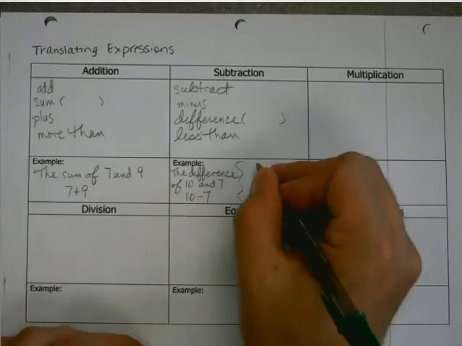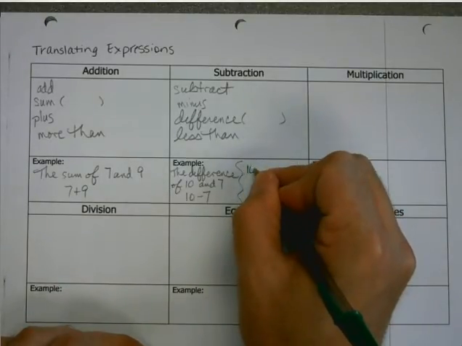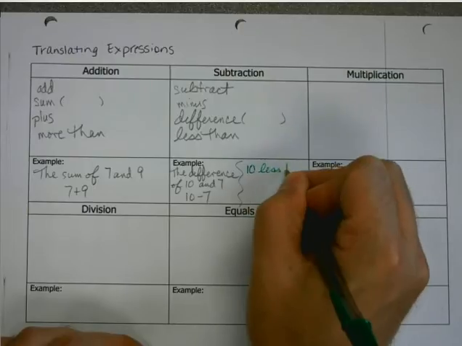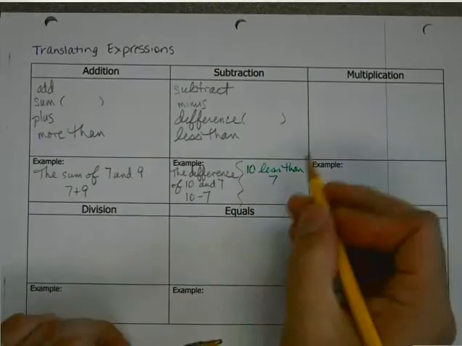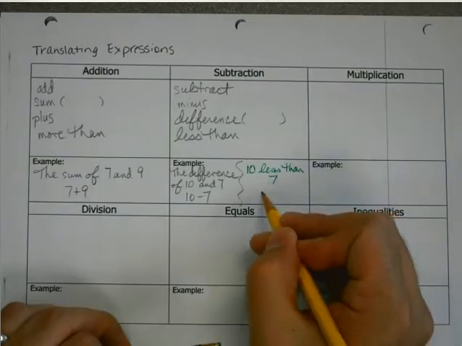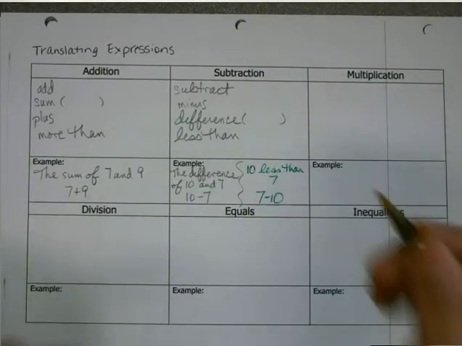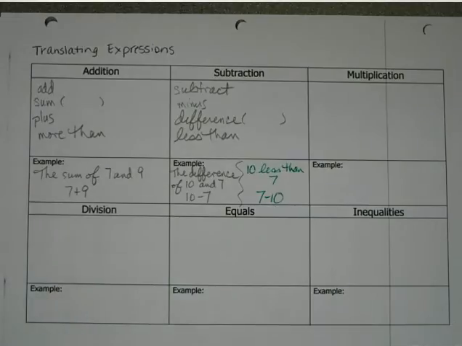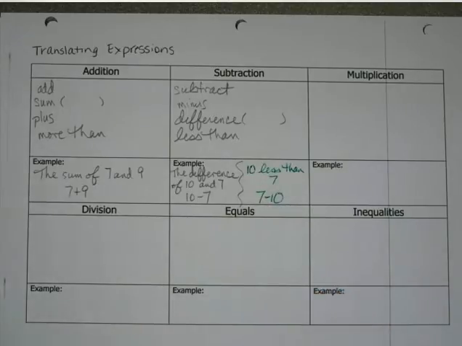What if it now says, I want to know what 10 less than 7 is? Well, I want 10 less than the 7 that I have. So this would be written as 7 minus 10. So we do have to be careful sometimes about how the wording is and actually talk it out and think about it a little bit. Because I have 7, but I want 10 less than that. And kind of work it out that way.